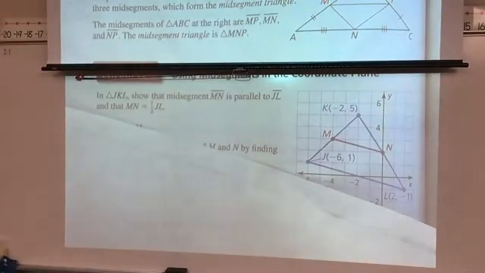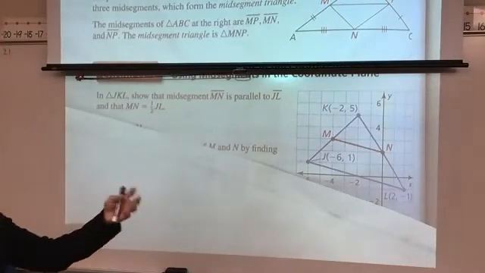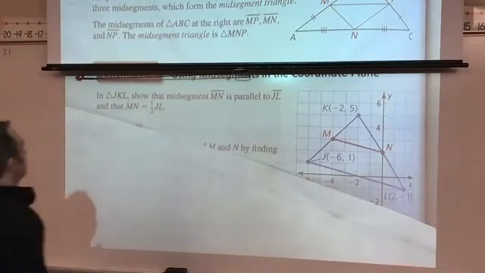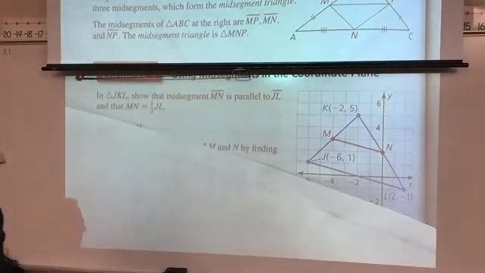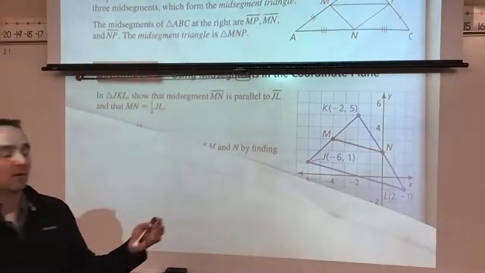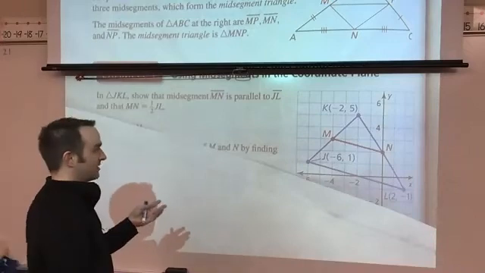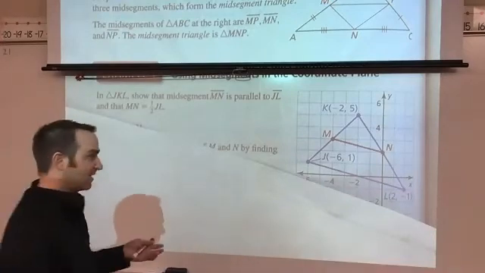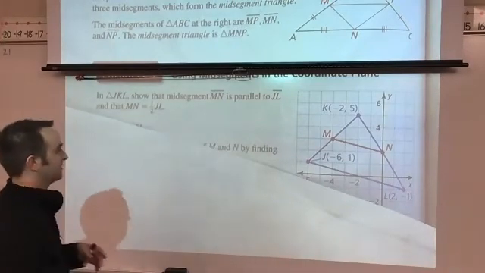We don't have to get into a whole bunch of stuff on it, right? But it technically is a coordinate proof because we're proving something in a coordinate plane. It says in the big triangle, JKL, show that mid-segment MN is parallel to JL and that MN is half of JL. Basically what we're doing is we're proving the triangle mid-segment theorem. We're proving those two things that it tells us.